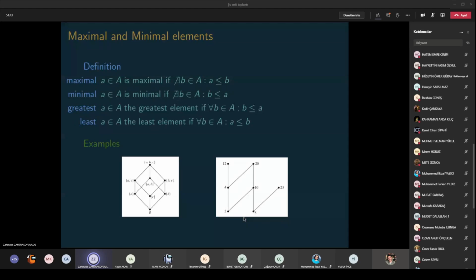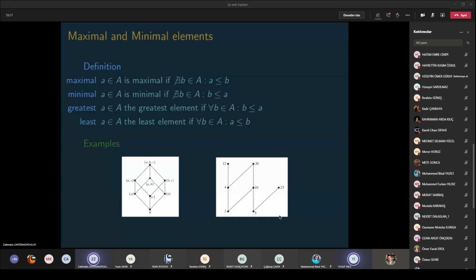Let's take two elements of our set, a pair A and B. I'm asking you about the least upper bound of these two elements, and our poset is according to divisibility. You can think of it as the set 2, 4, 5, 10, 12, 20, 25, according to divisibility.